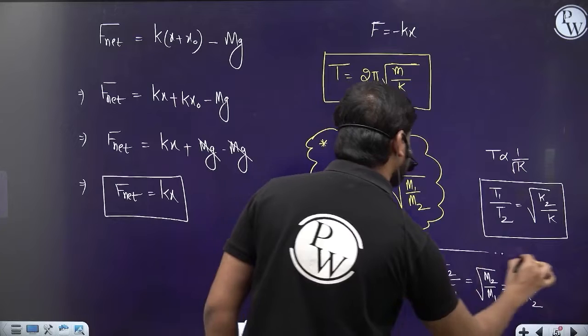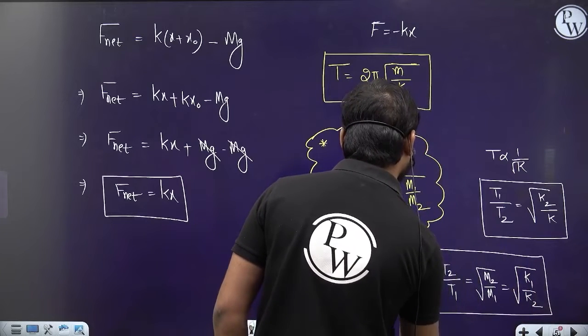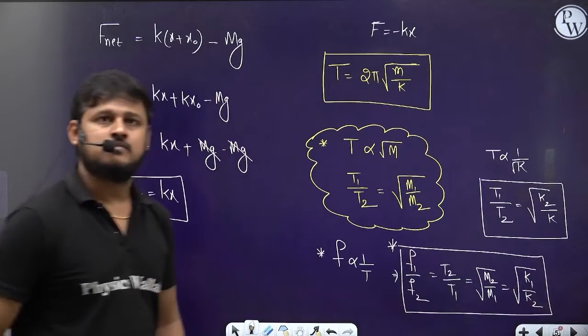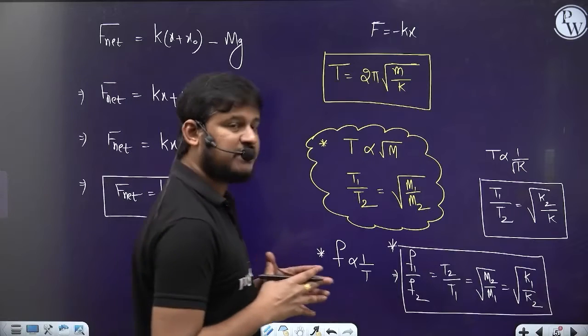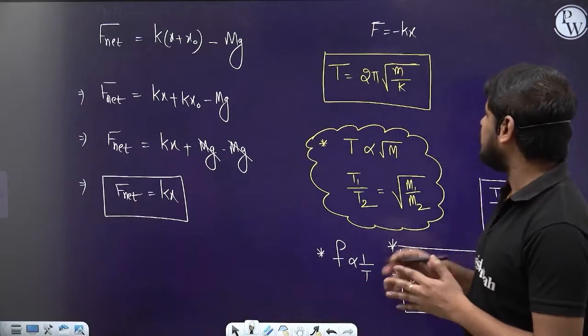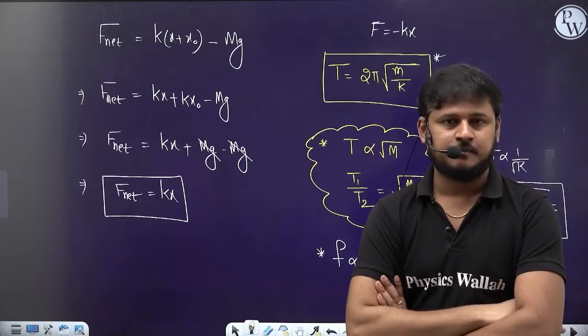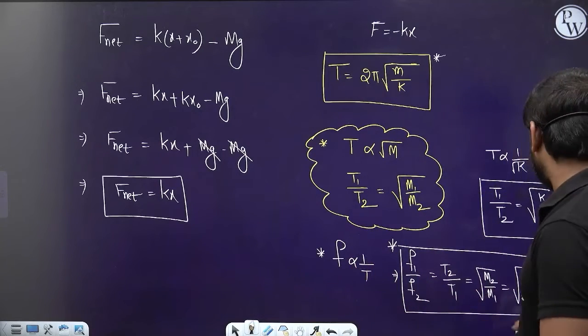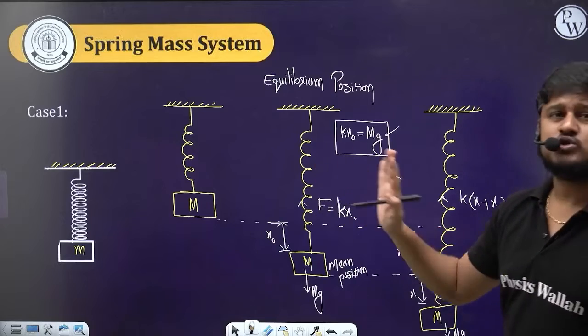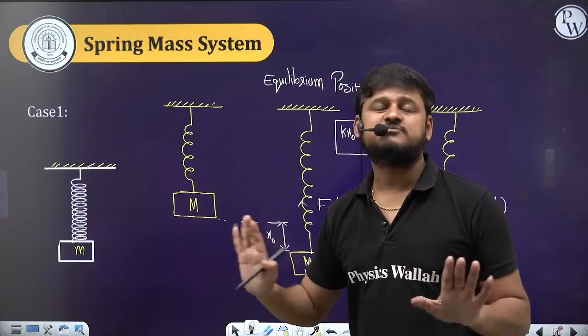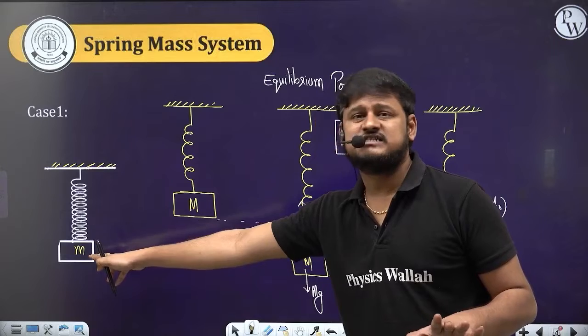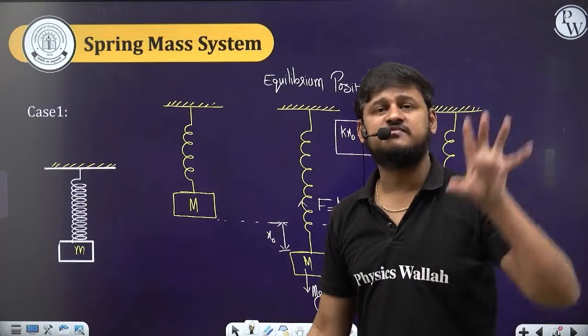You should catch this logic to solve the numericals. In the simple spring mass system case, you can directly use the time period formula 2 pi into root over m by k. The procedure I have also explained. But mostly they will ask based on the simple spring mass system, that means a mass attached to a single spring which is hung from a fixed end.